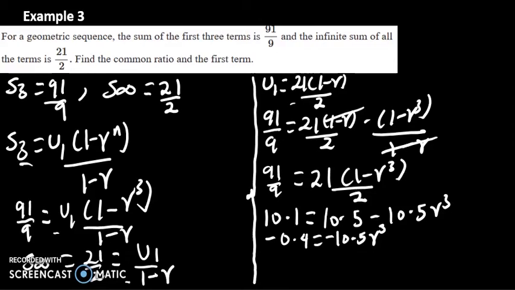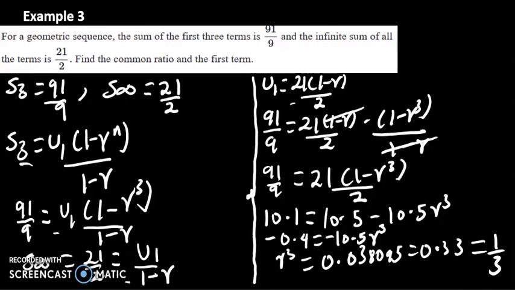If I divide this by minus 10.5, I'll get r cubed to be 0.038095. A cube root of that will be 0.33, which is equal to 1/3 technically.